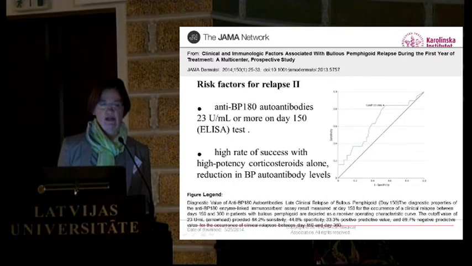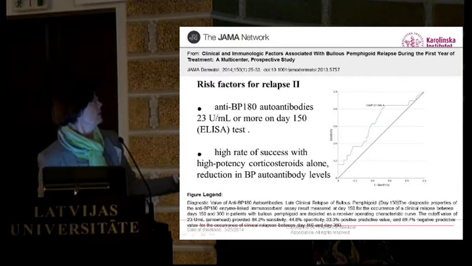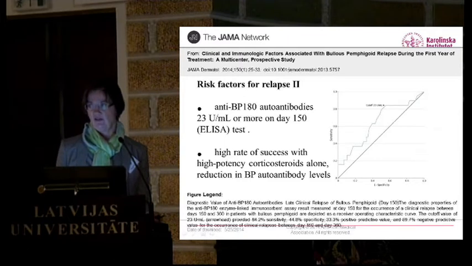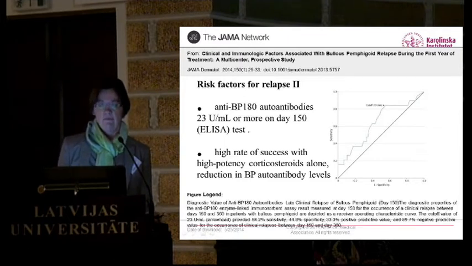And other risk factors were if the anti-BP180 autoantibodies were over 23 U per milliliter on day 150. They found a very strong significance there, meaning that if you measure those autoantibodies, you could actually predict recurrence in your patients.